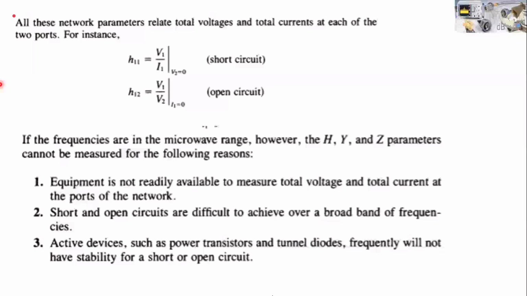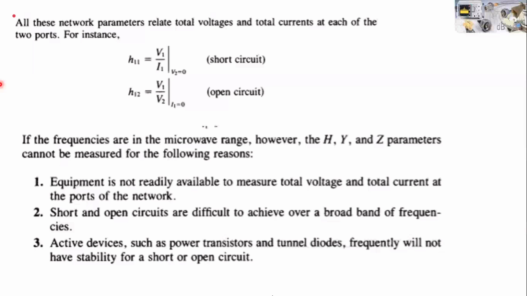So what are the conditions which are not satisfied at higher frequencies so that we cannot use the ABCD parameters at high frequencies? Three main reasons are listed here, and these are very famous interview questions. Why are we using S parameters at microwave frequency, why are we not using ABCD parameters?